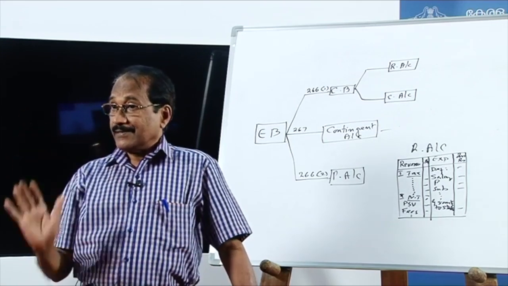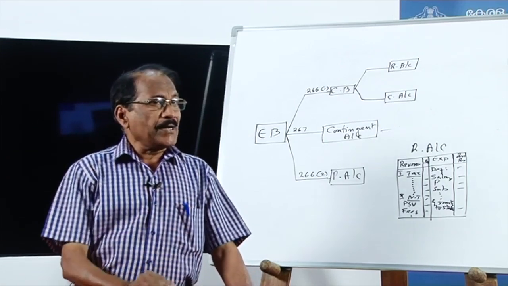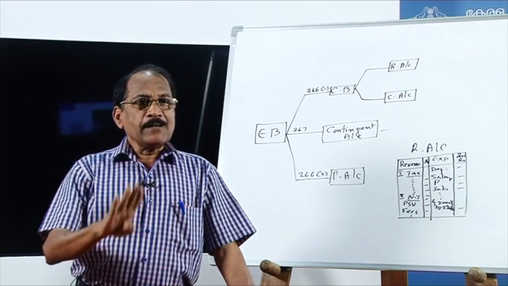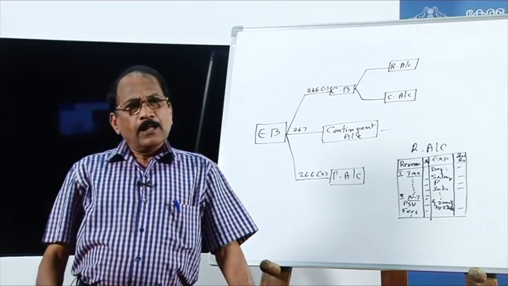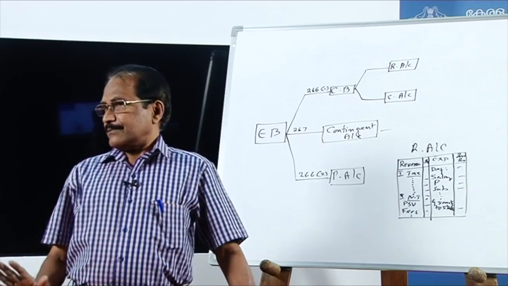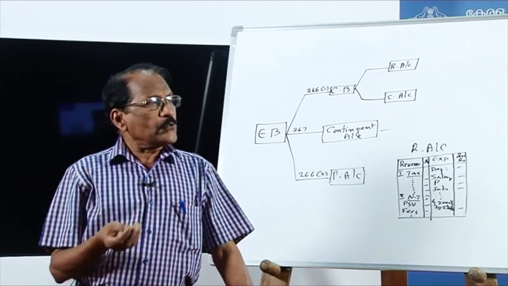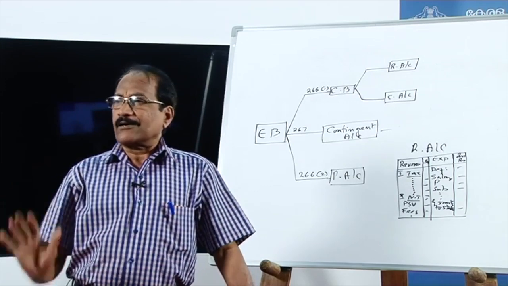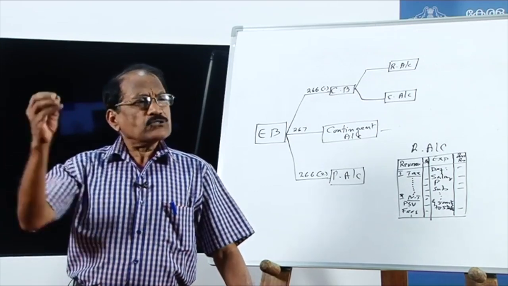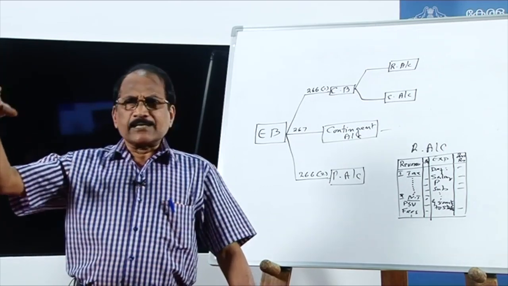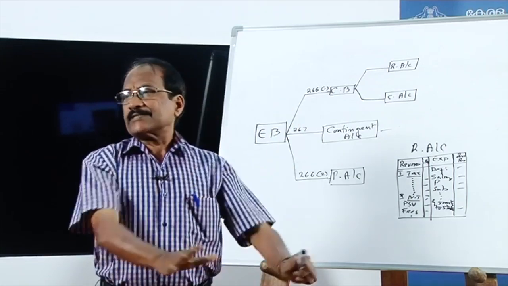It is not repaid. The amount is not repaid by the state government back to the central government. No interest is also paid by the state government to the central government. This is a loss amount on the part of the central government.